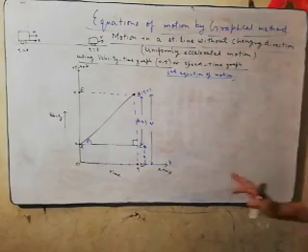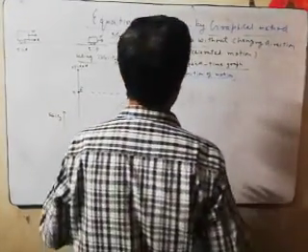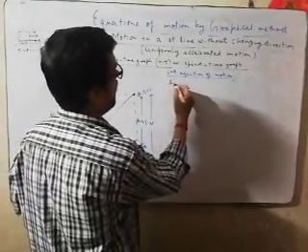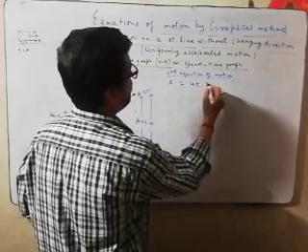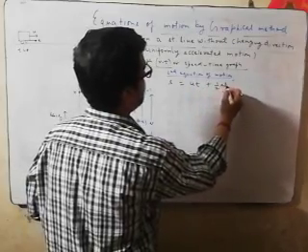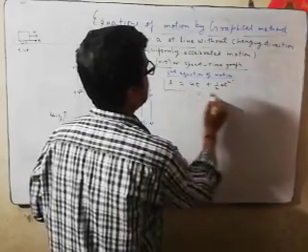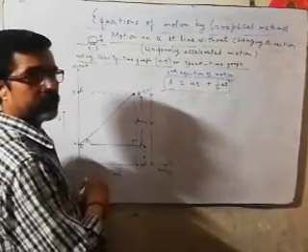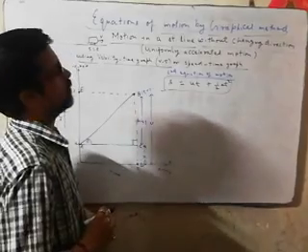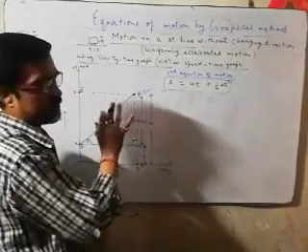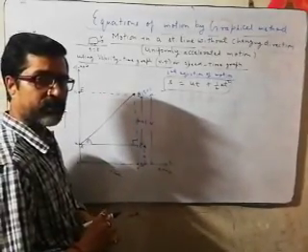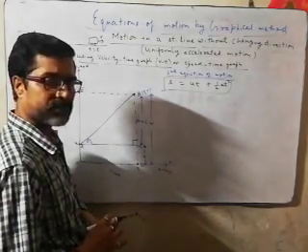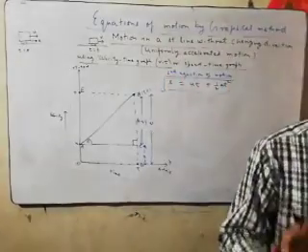So we can write here: area under the velocity-time graph. The second equation of motion, that is S is equal to ut plus half at square. This is the second equation of motion that we have to prove. The second equation of motion is very important.